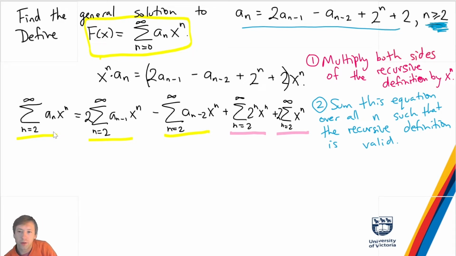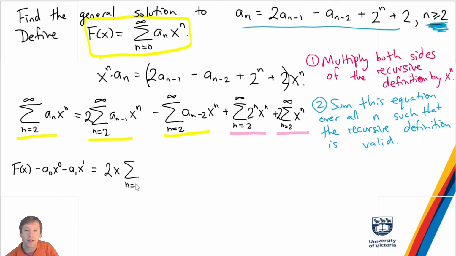Okay, so the first one, the first yellow one here, is f(x) except the first two terms are missing, so minus a_0 x^0 minus a_1 x^1. The second sum, the first sum on the right hand side, we can pull out an x, and we can start the sum at 1 instead of 2.